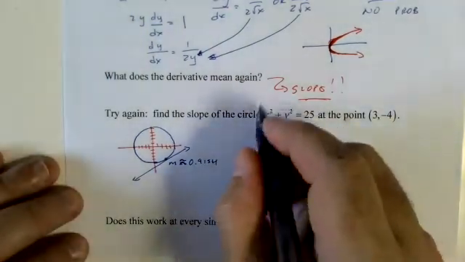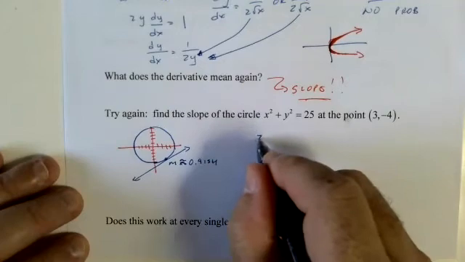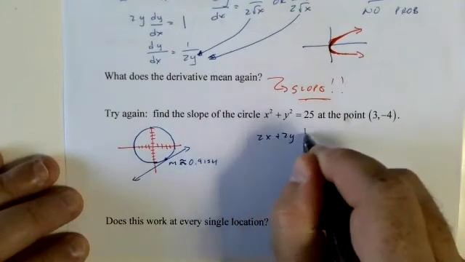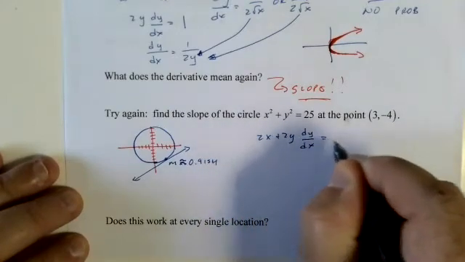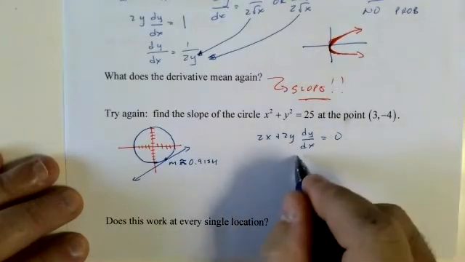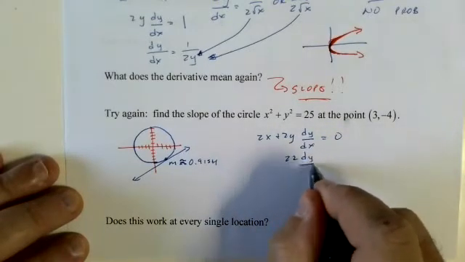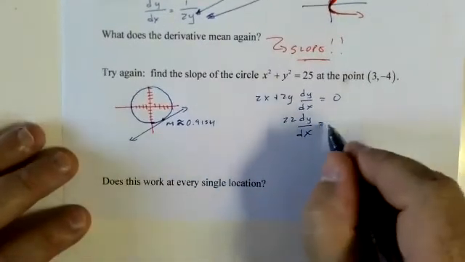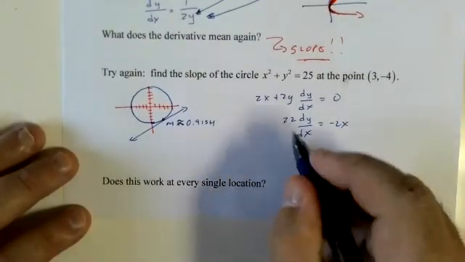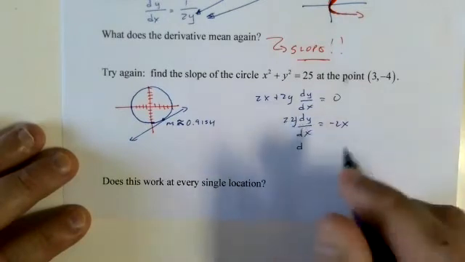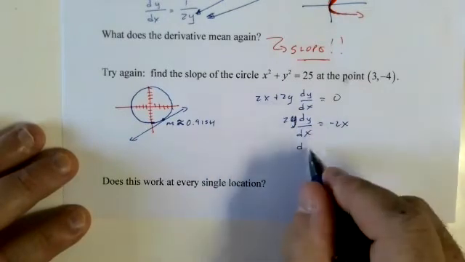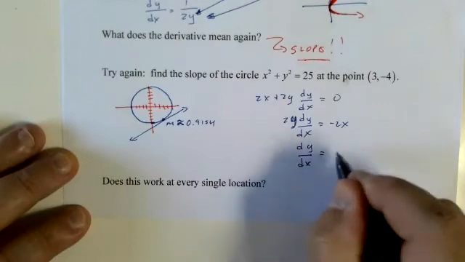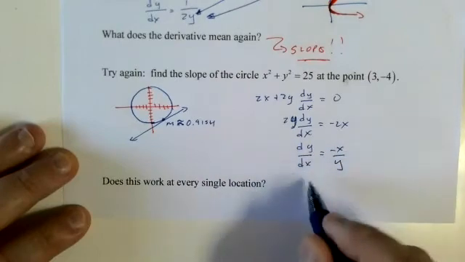So let's go. d/dx this sucker. So 2x plus 2y dy/dx equals 0. 2y dy/dx equals negative 2x. That's so weird. dy/dx equals negative x over y.